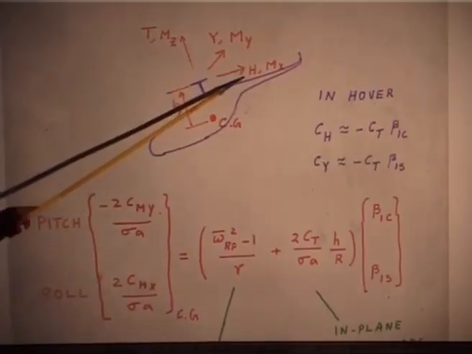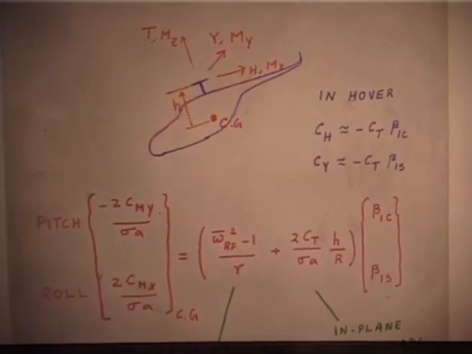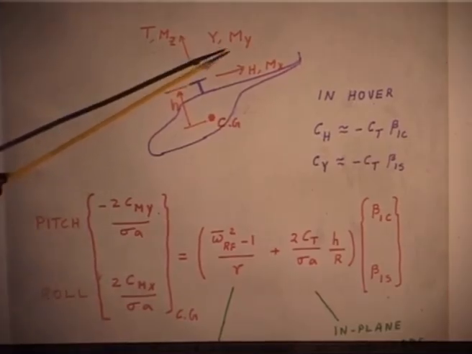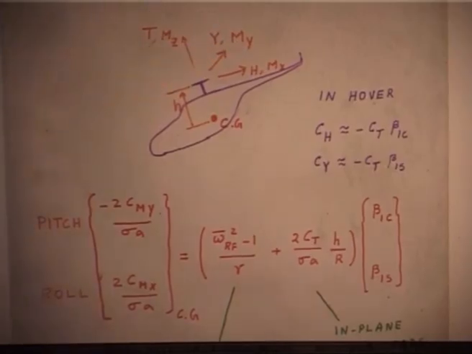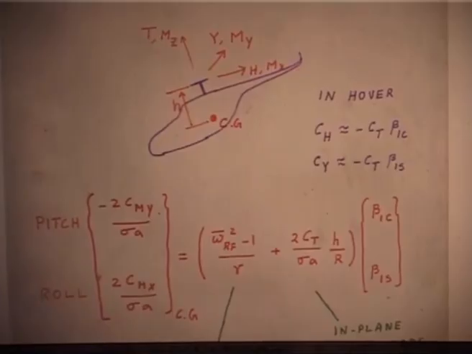Now, you have a hub H longitudinal force, Mx which is the roll moment. Similarly, you have Y which is the side force, My which is the pitch moment, and thrust and the torque. These are the hub loads due to the blade operating condition.